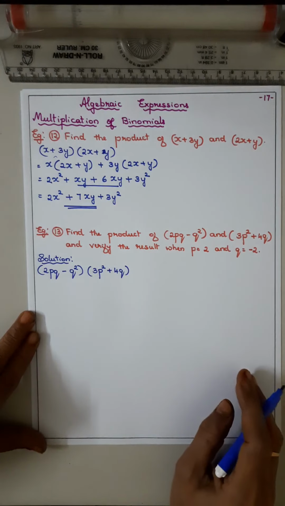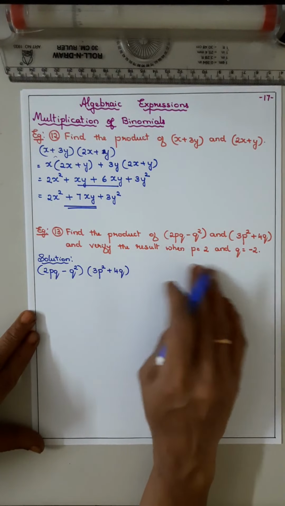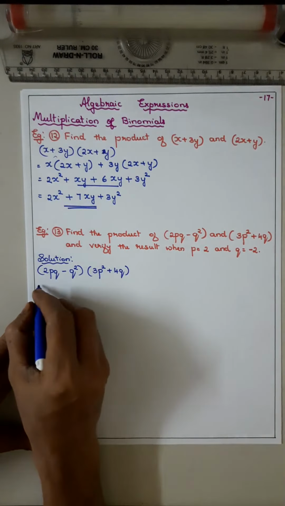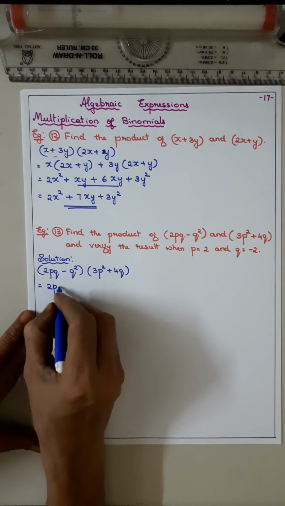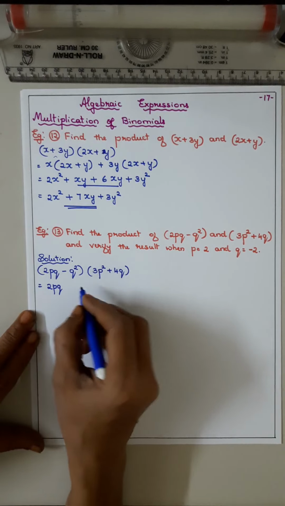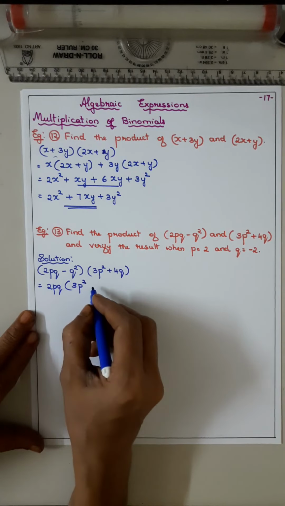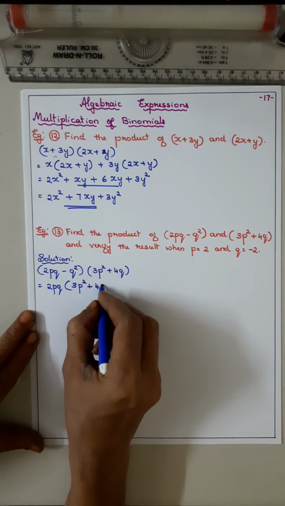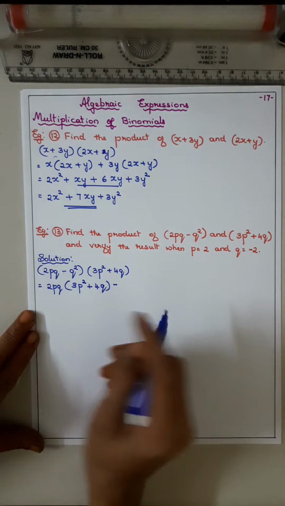Now coming to example 13. Find the product and verify the result. Okay. Now first you will write 2pq and then the second binomial, 3p squared plus 4q, bracket close. Now here the sign is minus.